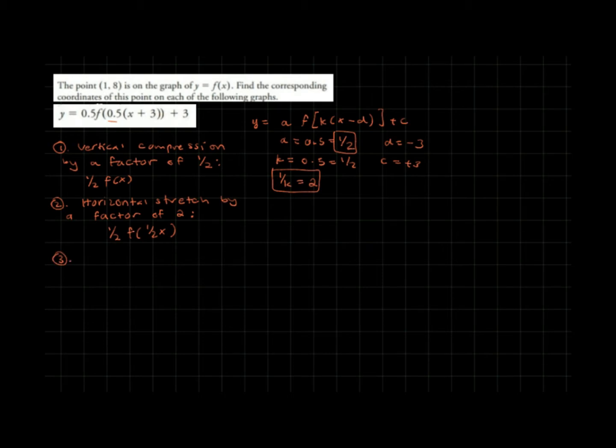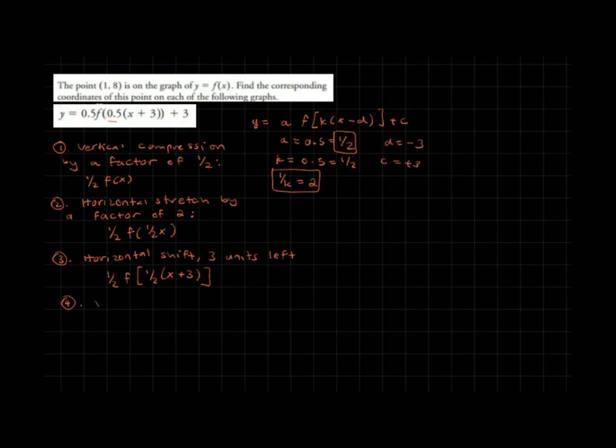In the third transformation, we have a horizontal shift 3 units left. So how we'd write that is 1/2 f of 1/2 x plus 3. We can see that we're building the function piece by piece by its component transformations.